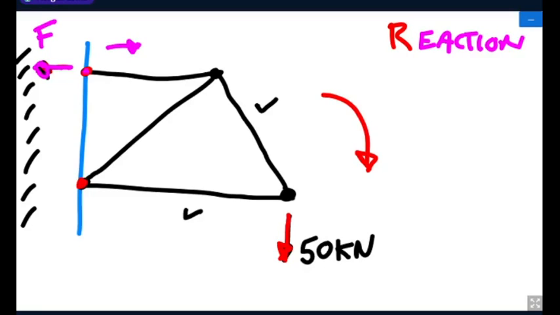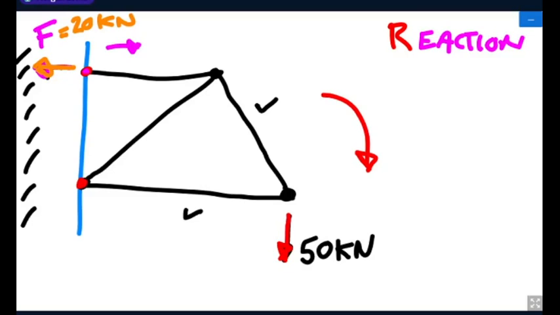It's not going to be 50, because 50 is going to be over these two. So it's going to be less than 50. Let's say it's 20 kilonewtons going that way.